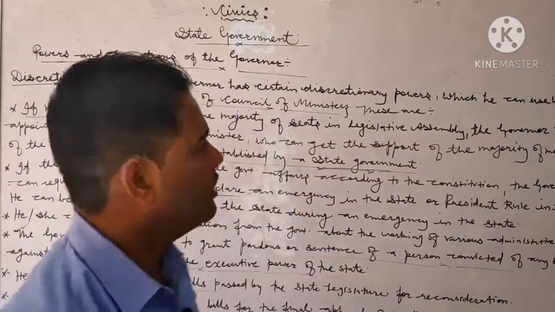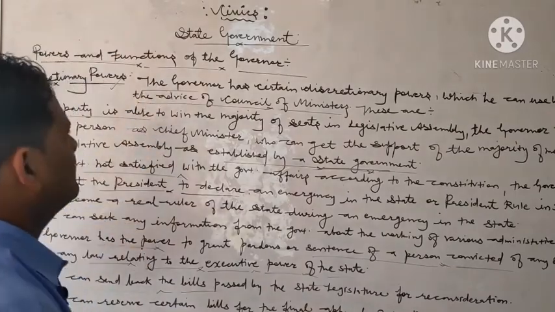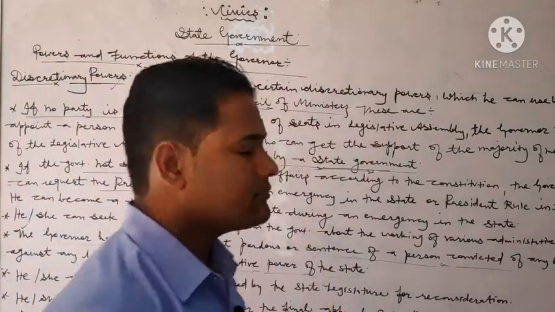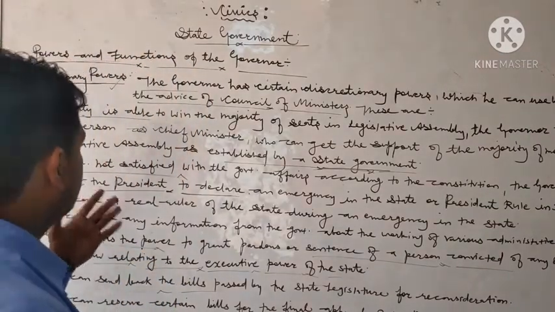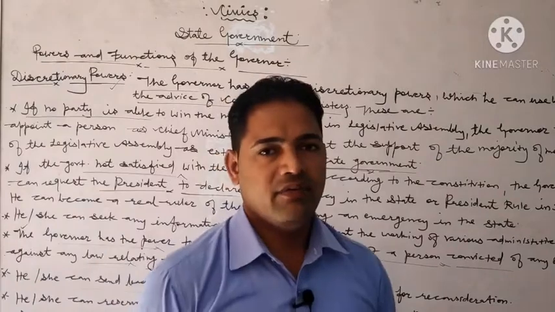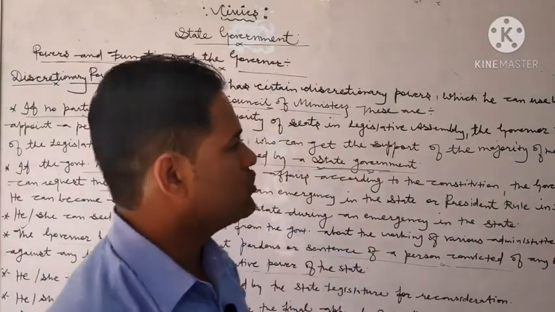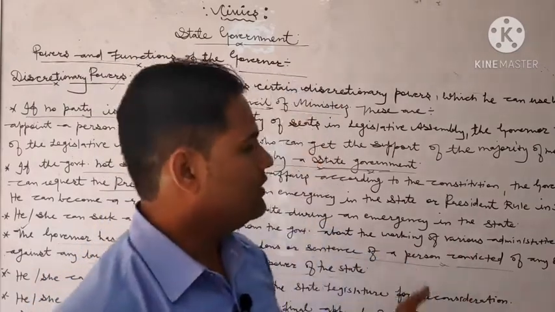So this is all about the governor, in which we have discussed all the powers and functions of the governor: legislative powers, executive powers, then financial powers, and the discretionary powers, where he doesn't require any advice or suggestion to use those powers, to be a nominal head and the head of the state.